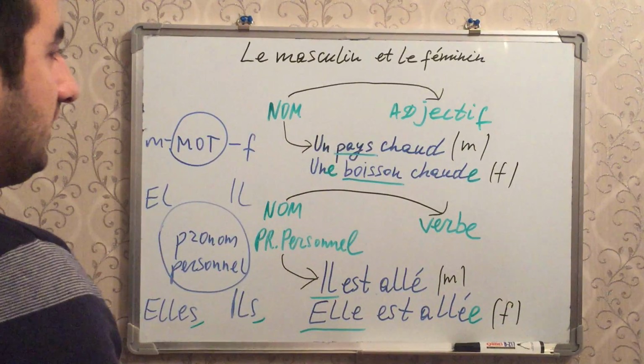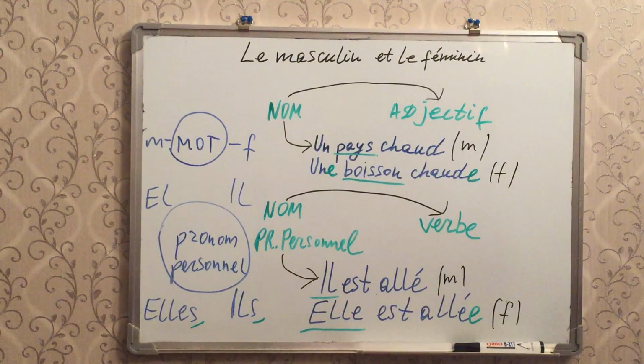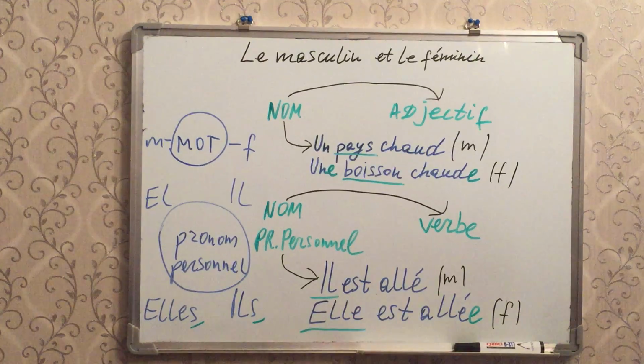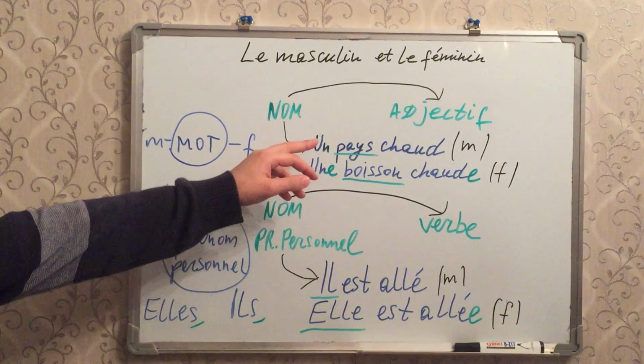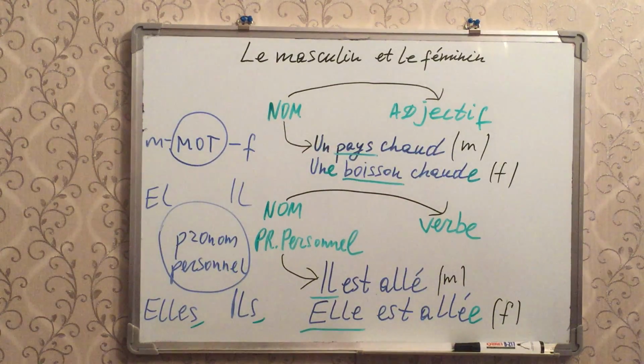Okay, first of all, it depends on an article, then a noun and the adjective. If we use a gender of a word, we need to pay attention to three categories. First is article, second is noun, and the third one is adjective.